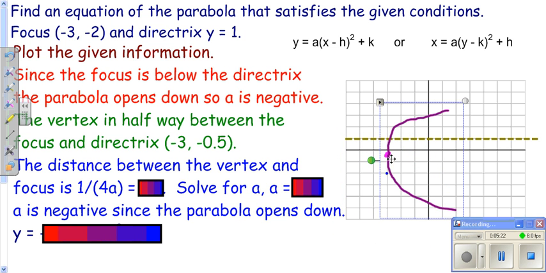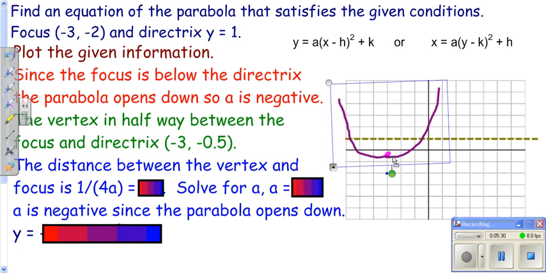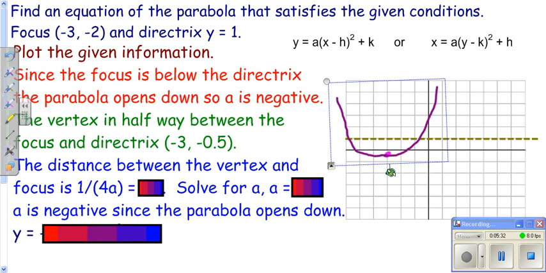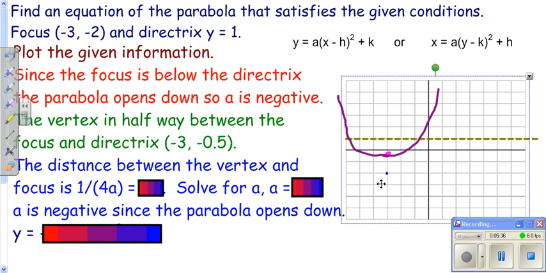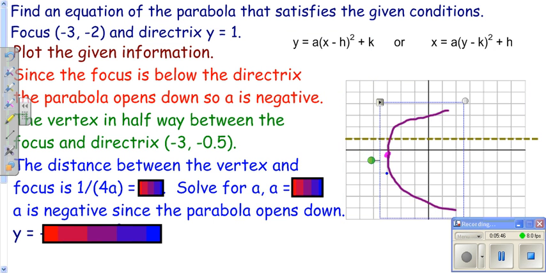Well, it wouldn't curve around your focus and it would cross your directrix. Same idea if it was going to the left. If it was opening up, it would not go around your focus, sorry about that, mental glitch, and it would cross your directrix. So therefore, we would know that it would have to go ahead and open down.